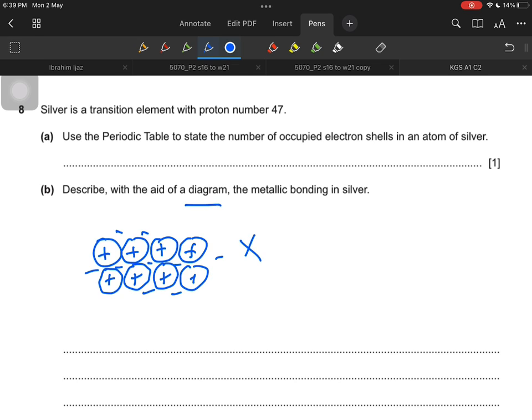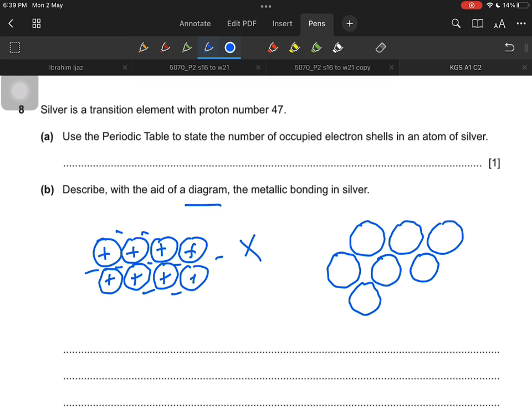Guys, this is wrong. If these are positive charges, how are they touching each other? You need to make sure there are very minute gaps, not too large gaps, but very minute gaps like these. Let me draw it here.